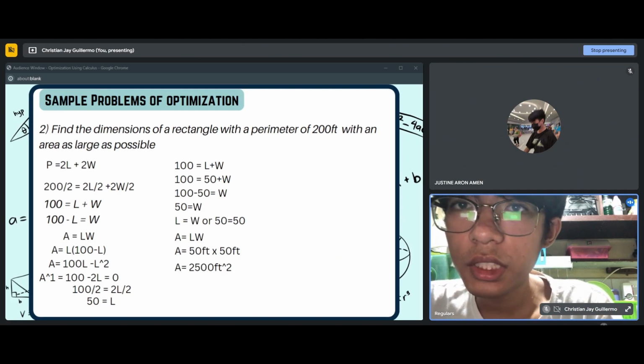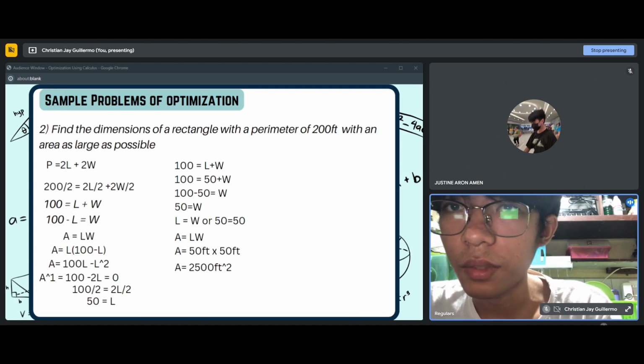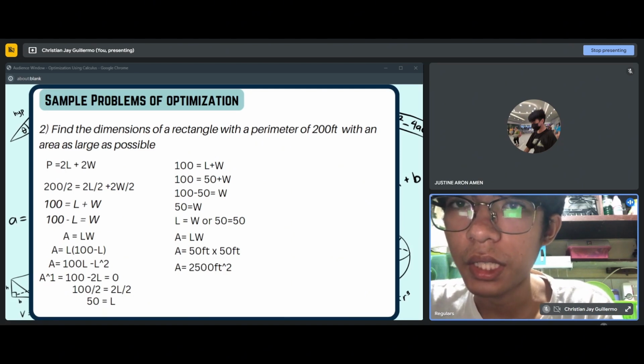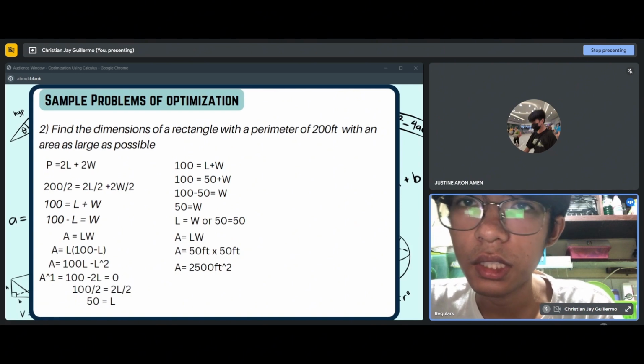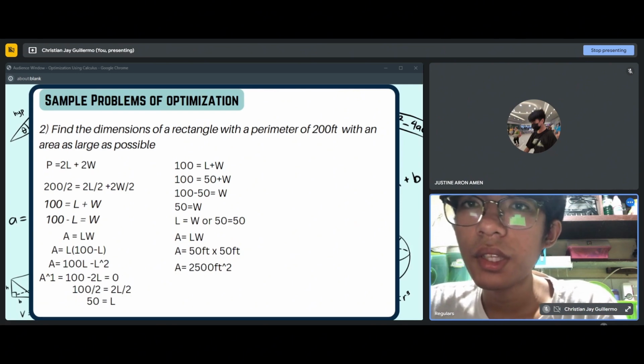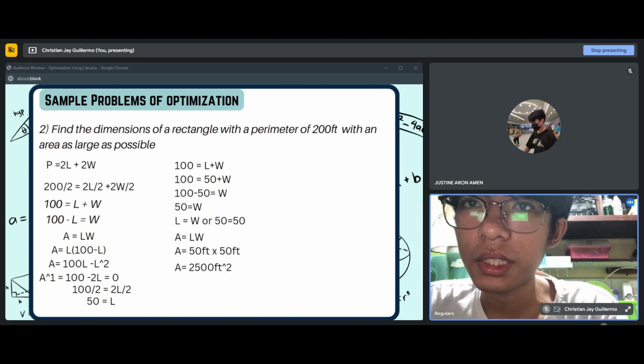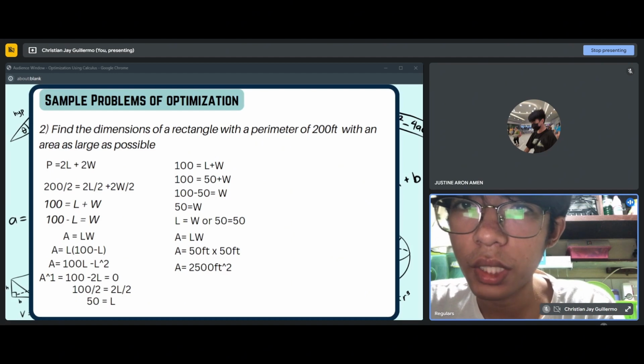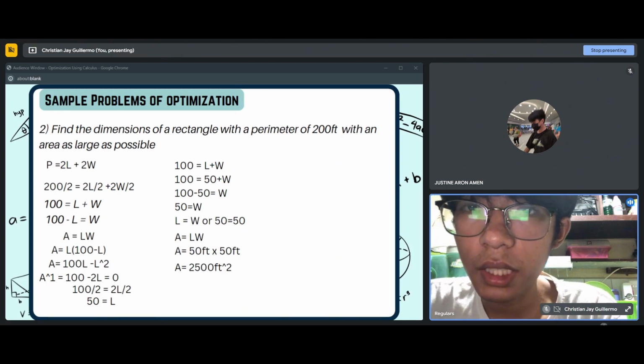So, transpose natin yung L dito from the left. So, magiging negative siya. So, 100 negative L is equal to width. Yung area natin dito is length times width. So, area is equal to length times 100 negative L. Dinistribute lang ulit natin yan.